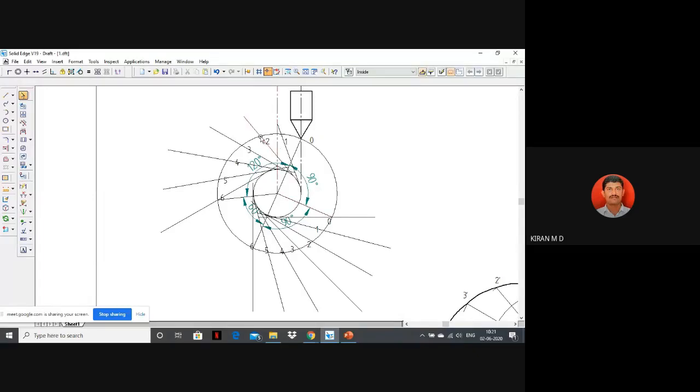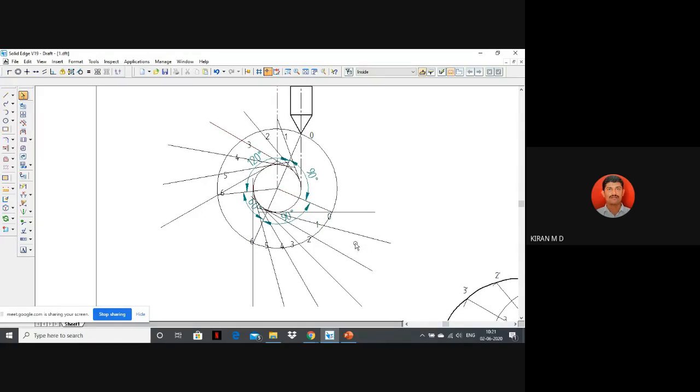So here, just you mark the points on the base circle, then from the point you draw the tangent lines to the offset circle. That is the reason we are going to draw the circle for offset distance. Is it clear?